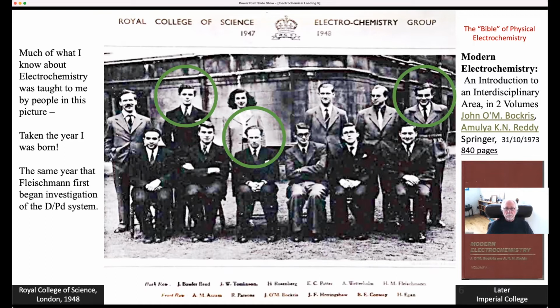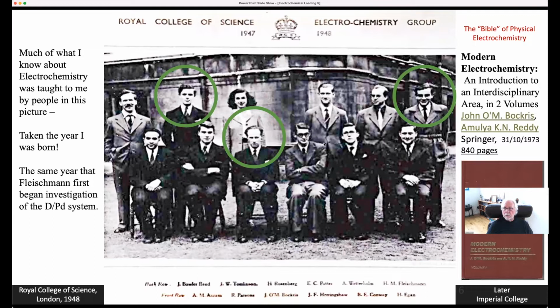There are two other famous electrochemists in this picture. In the front row, second from the left, Roger Parsons, and second from the right, Brian Conway. All of the people whose names I've mentioned became important in my life and very important in cold fusion.